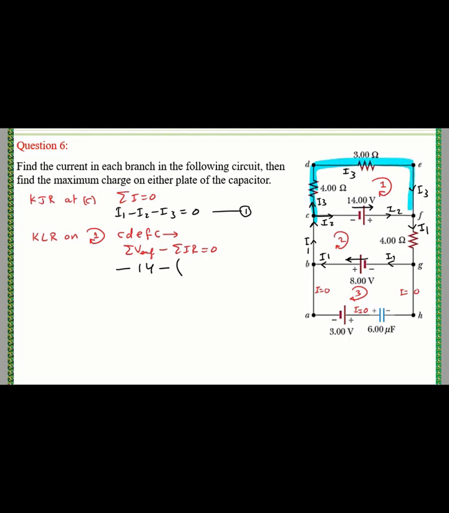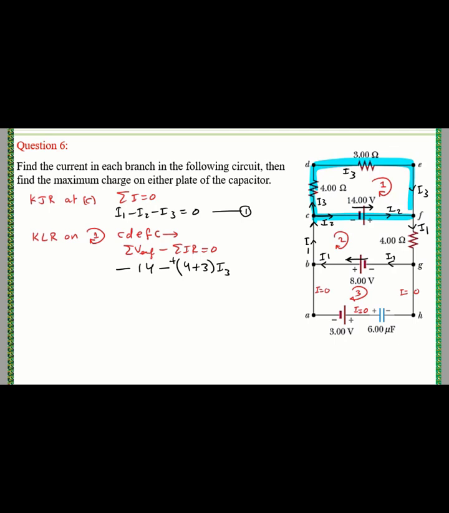So it is with me, so it is positive, 4 plus 3 times I3. Now from F to C, the current is I2, against me, so it is negative.